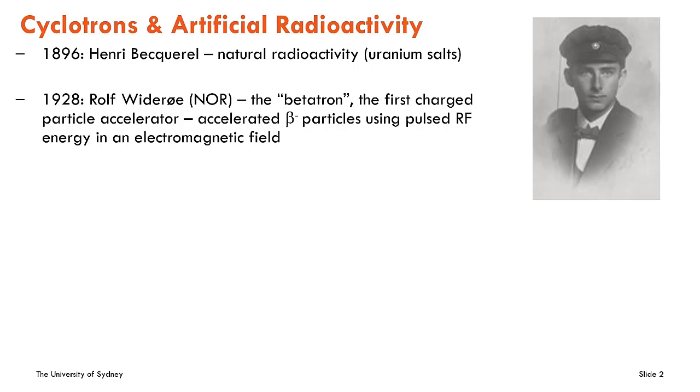Our story about the cyclotron picks up in around 1928, where a Norwegian engineer called Rolf Widerøe invented the first device that could accelerate a charged particle, which he referred to as the betatron. And he used radio frequency pulses to accelerate beta particles in the presence of an electromagnetic field.